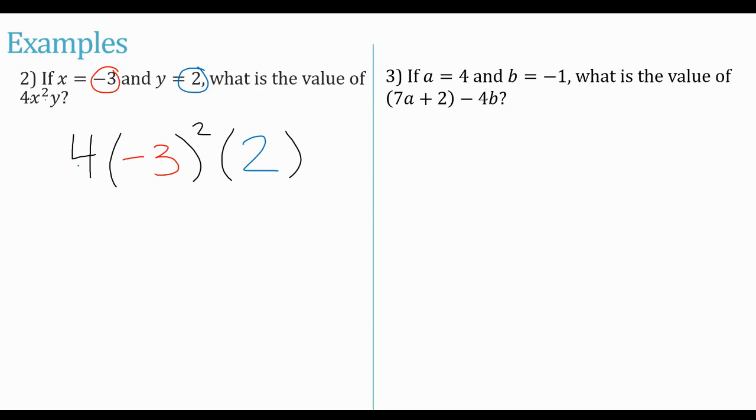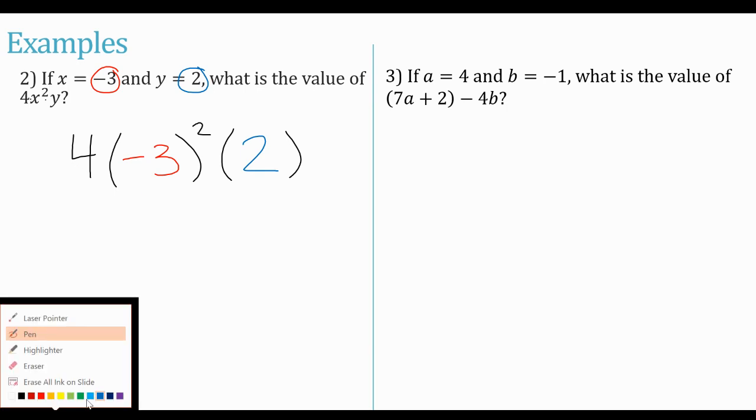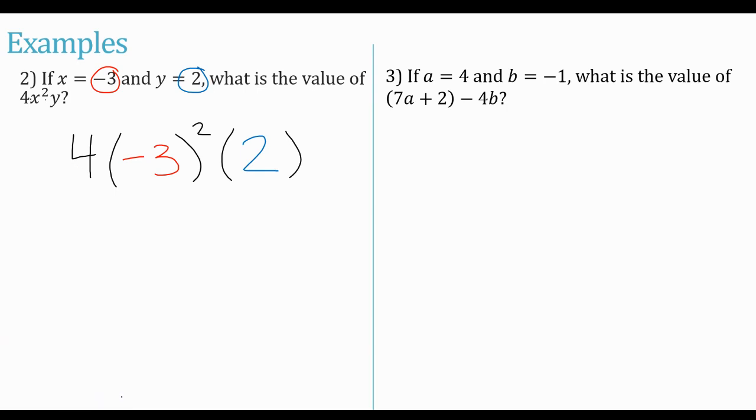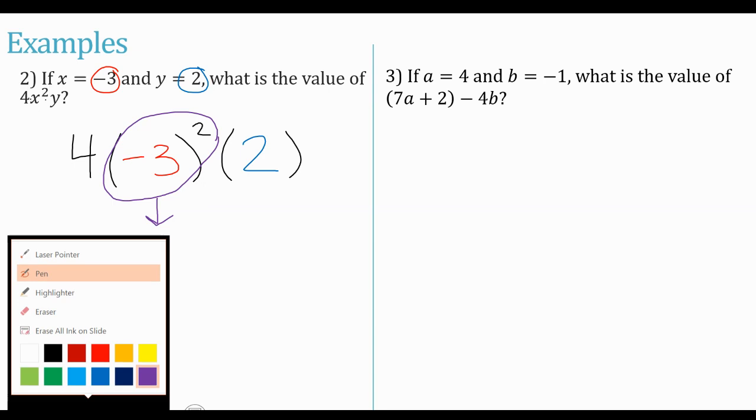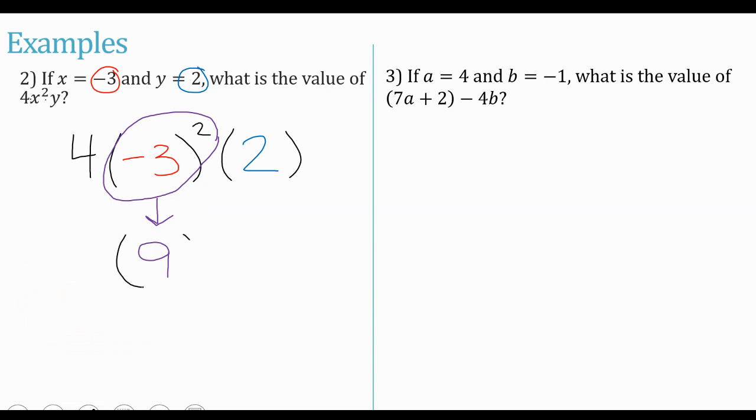We have multiplication and we have exponents here. We have to do the exponent first. That comes first in order of operations. So I'm going to circle it here, and we're going to do negative 3 squared. So that means negative 3 times negative 3. And negative times negative is a positive. 3 times 3 is 9. So I'm going to bring that down, and then keep it in parentheses and bring everything else down.